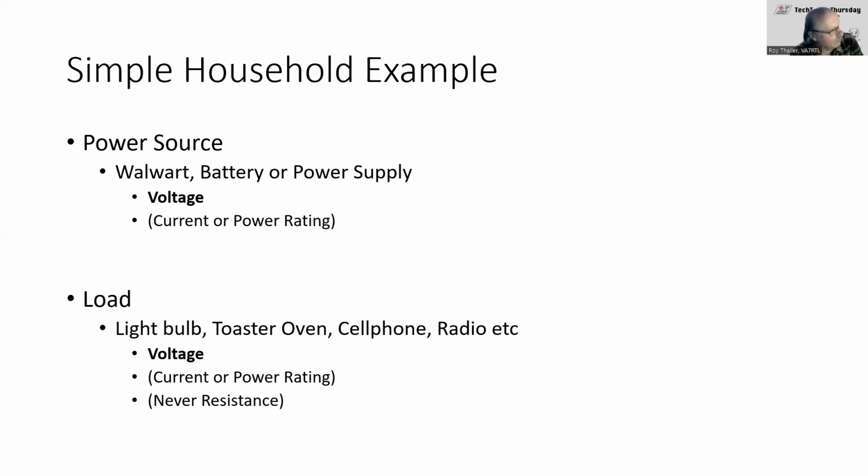And then we look at the load, and the load could be a light bulb, a toaster oven, cell phone, a radio, etc. And we normally try to match the voltage, and sometimes we look at the current and power rating, but often don't, and we never really look at what the resistance of the load is. And we'll see a little example of why it sometimes can be a little bit difficult when we look at it.